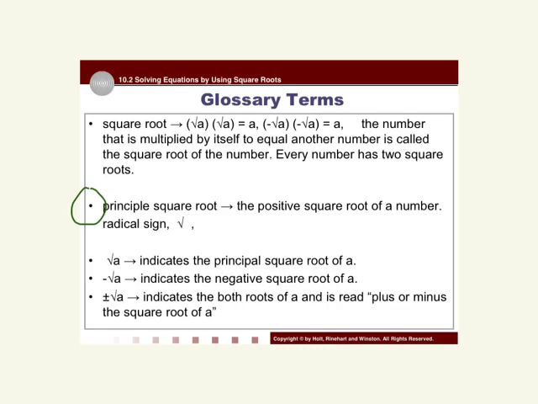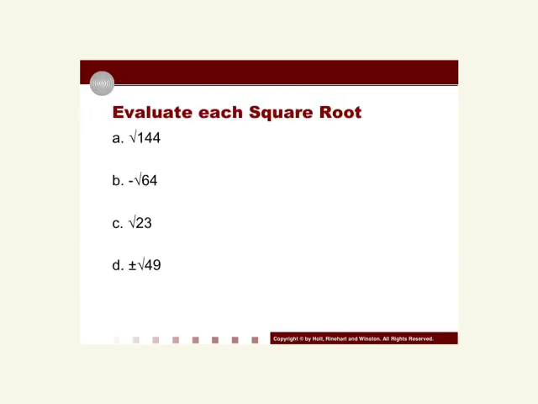Down below, it's important that you understand the square root of a indicates the principal square root, meaning the positive square root. Negative square root of a indicates we want the negative of that square root. And plus or minus indicates that both roots of a are needed, and it's read plus or minus the square root of a. I'm going to do a couple examples of this on the next slide.